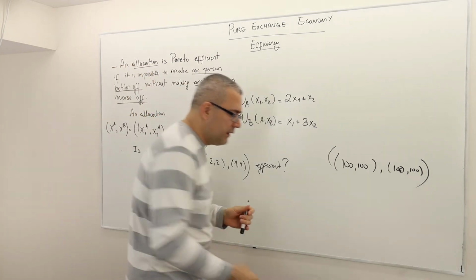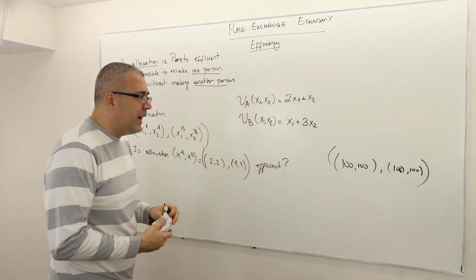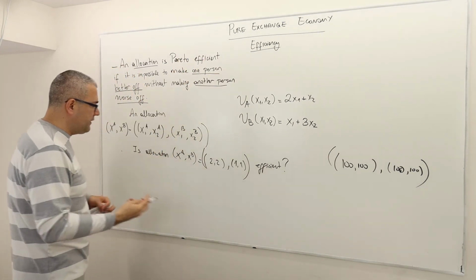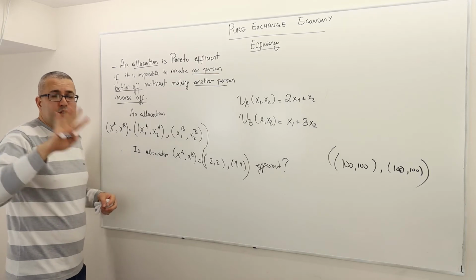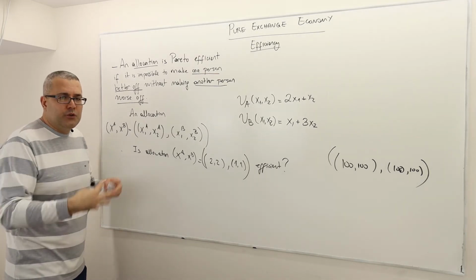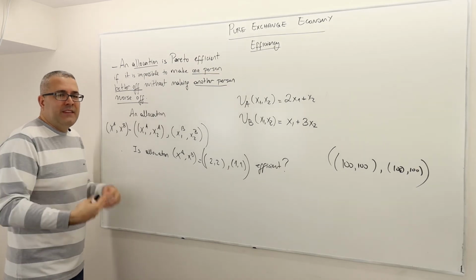So therefore, this was the idea of initial endowment, right? When we defined the pure exchange economy, we said there's no production. Everybody brings some good 1 and some good 2 to this market, and then they exchange.